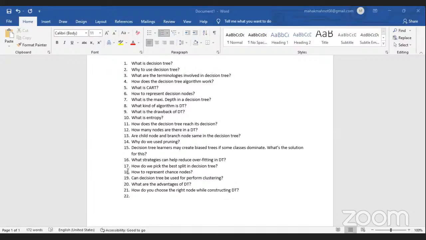If you don't choose the right node, your decision tree will not be constructed rightly. So, how do you choose the right node while constructing a decision tree? Whether we should choose some node with the highest entropy, should we go for that? No, we should not go for that.